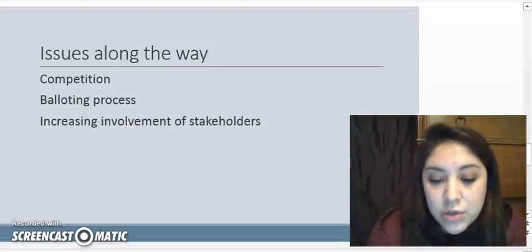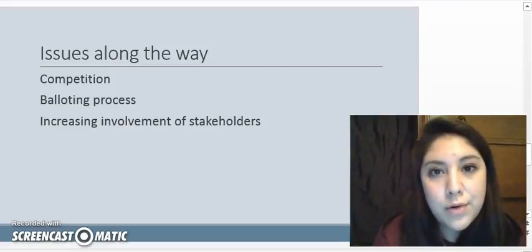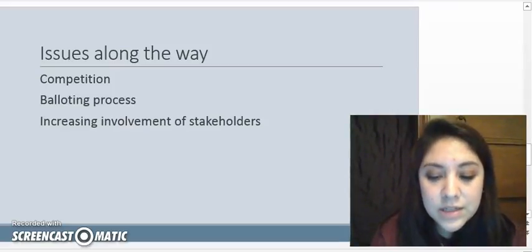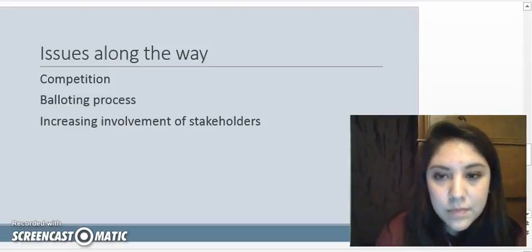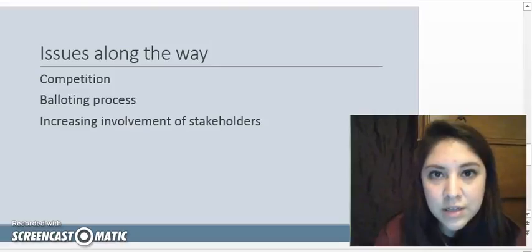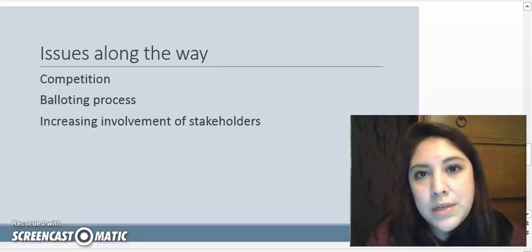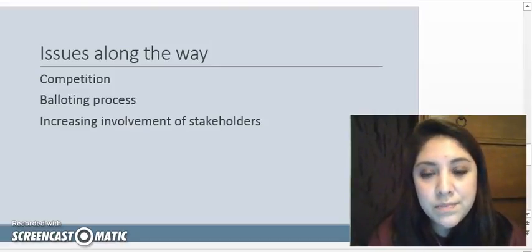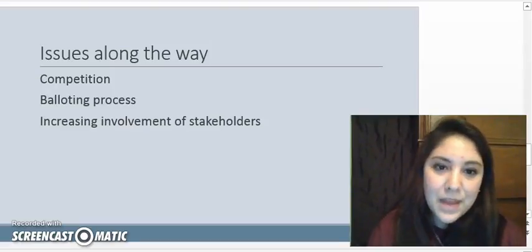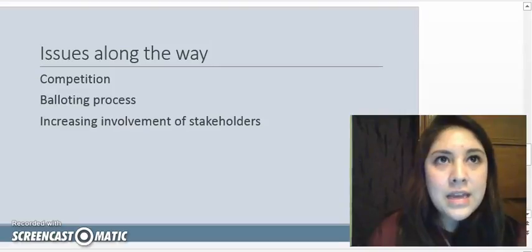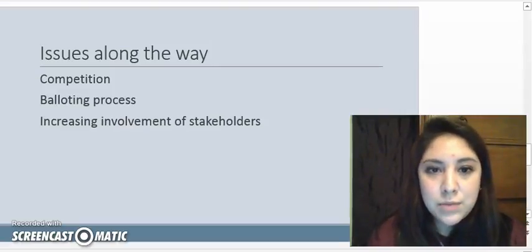The more organizations introduce standards, the more choice there is for healthcare organizations to choose from, which is a definite issue. The author's definition is just that there's going to be competition, and we just need to find a way of harmonizing standards. Balloting process. It is a very long, tedious process, which is very interesting.